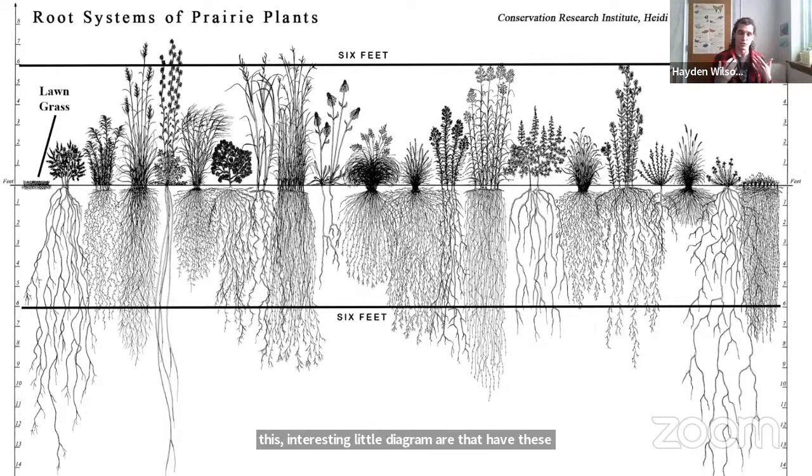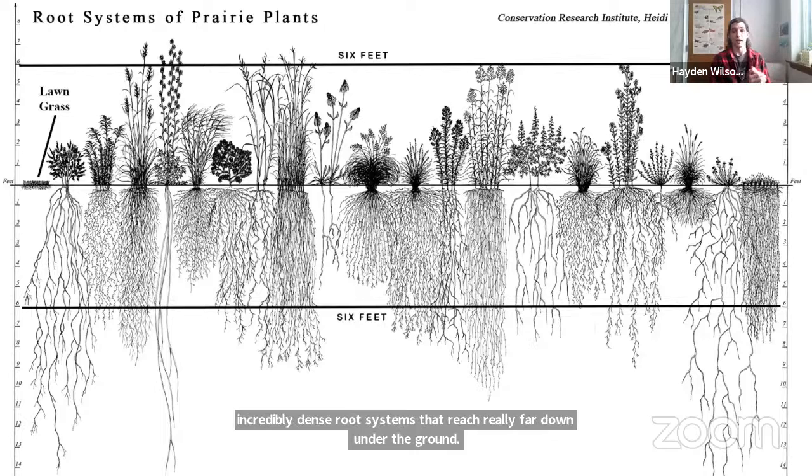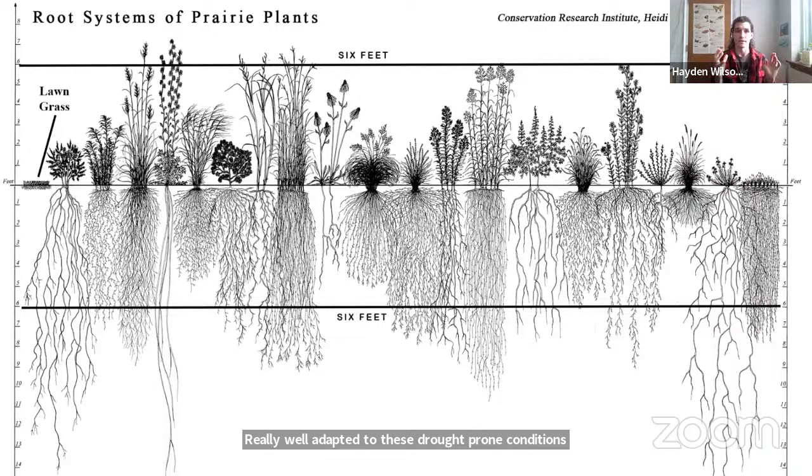They're really well adapted to these drought-prone conditions and are excellent at maintaining themselves in areas that are open and easily accessible for invasion by invasive species like dog strangling vine, which frankly don't care what kind of soil they grow in. They'll go anywhere. There are some habitats they grow better or worse in, but this area is particularly good for them.